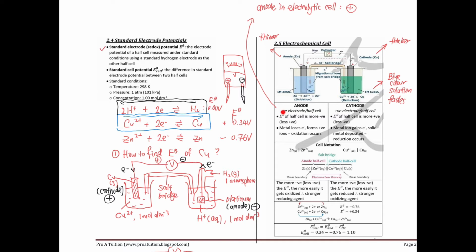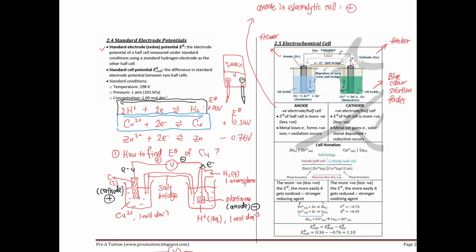And who is going to be anode? So the one that is more negative. You compare this and this, this is more negative, so this becomes anode. And the one that is more negative will form the negative terminal. So there is a relationship here.